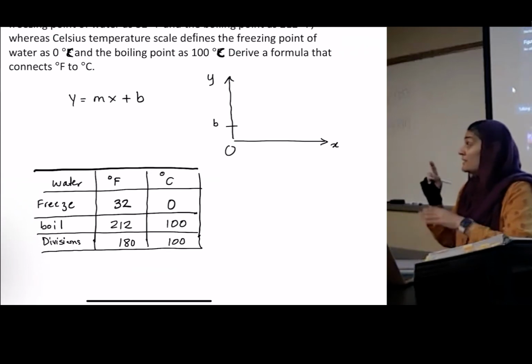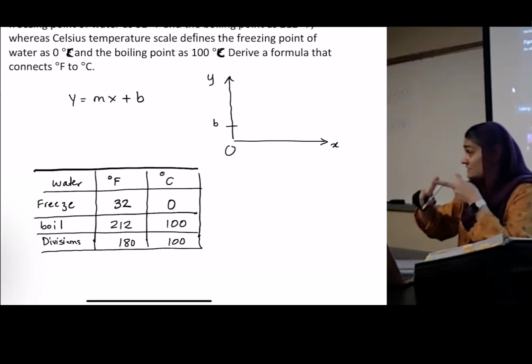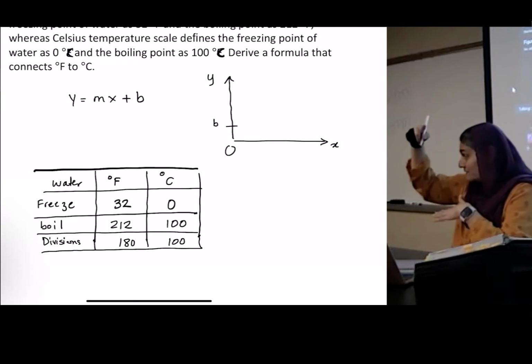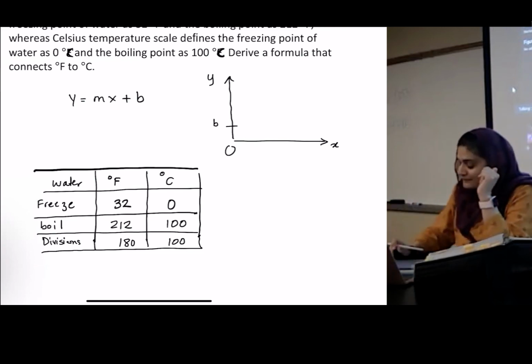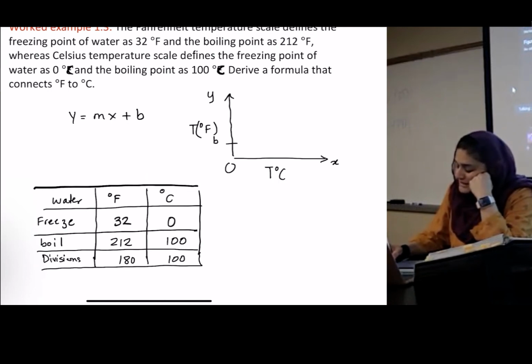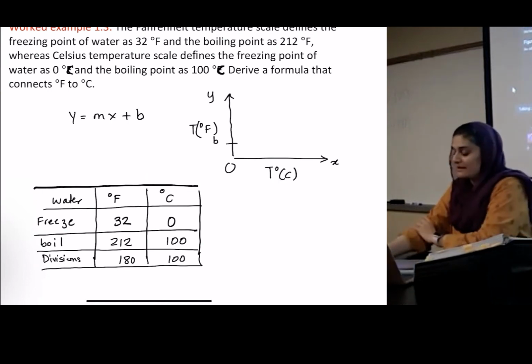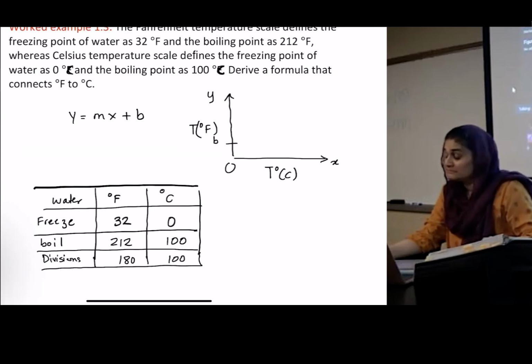Remember, for our thermometer, we needed what? A resting place, a division, freezing and boiling, right? Do we have the beginnings of a thermometer? Now, if I take my y-axis as the temperature in my Fahrenheit scale, and take this as the temperature in my Celsius scale, what's the B? 32, good.